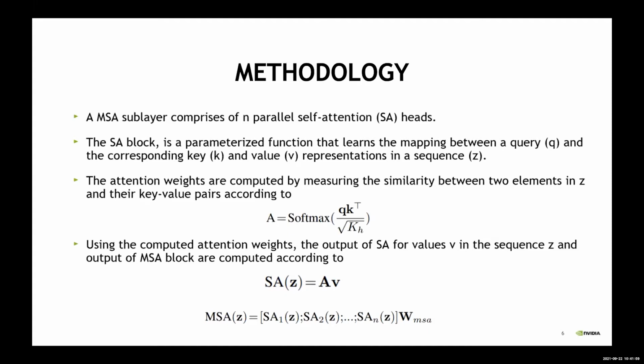Then we multiply these attention weights by the value, concatenate them, and multiply that by a matrix of learnable weights that allow us to relate these layers together. This is the entire idea of the multi-head self-attention used in our work.